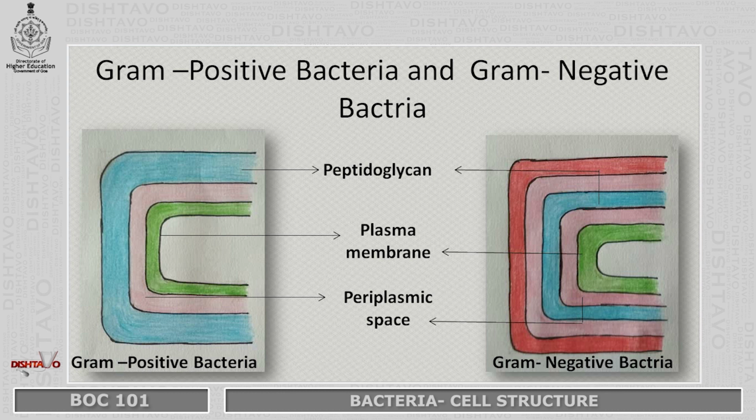In gram staining, the gram-positive bacteria retain the primary stain, that is crystal violet, and attain a purple color. Whereas in gram staining, the gram-negative bacteria absorb the counter stain and are pinkish in color.